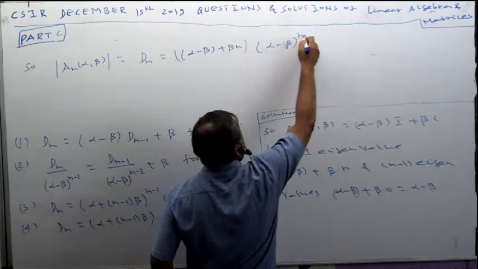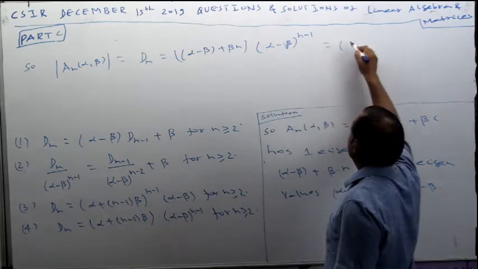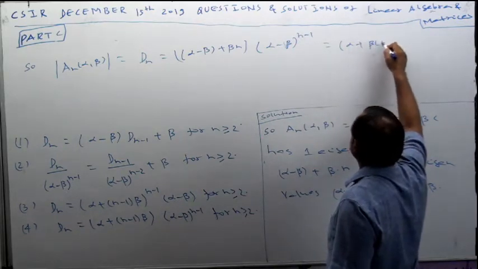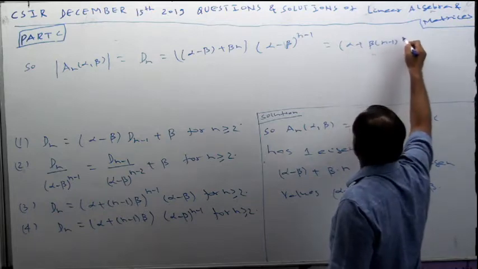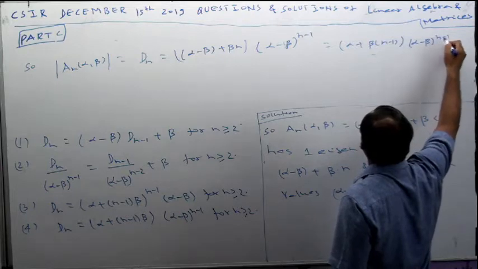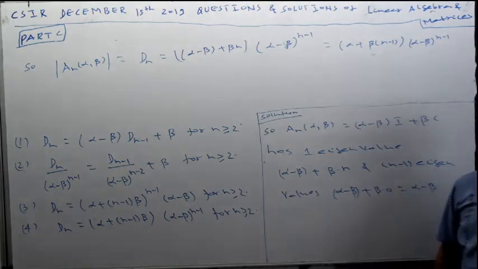N minus 1 times. Are you happy? Which is (alpha plus (n minus 1) beta) into (alpha minus beta) to the power n minus 1. I hope there is no doubt in it.